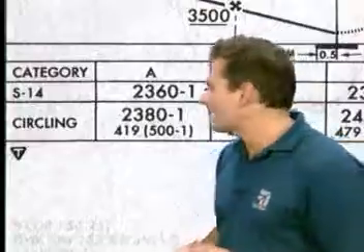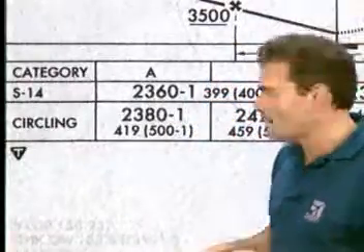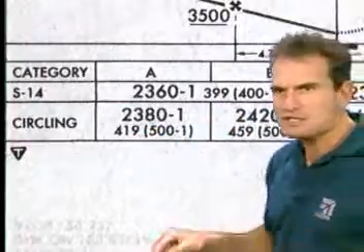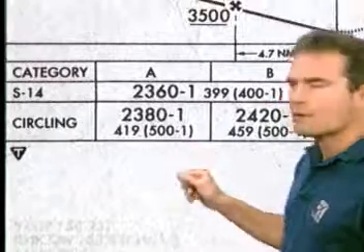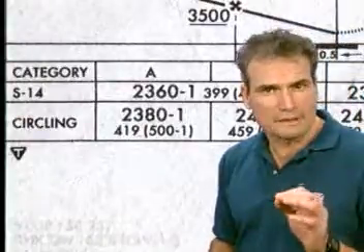Now, while the circling minimums format looks the same as the straight-in format, there is a difference in what one of the numbers means. These boxes for the circling minimums would get very cluttered if they tried to print a height above touchdown for each runway you might be circling to, especially at airports with lots of runways.